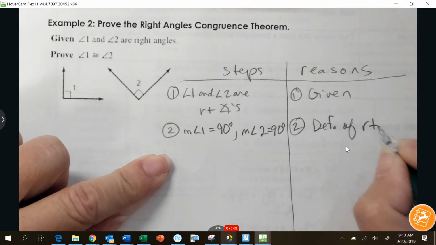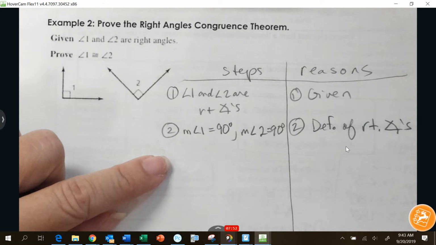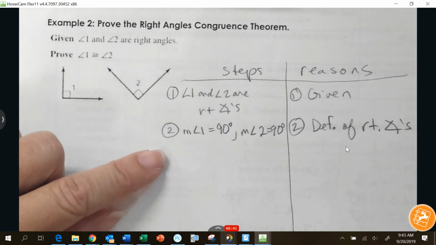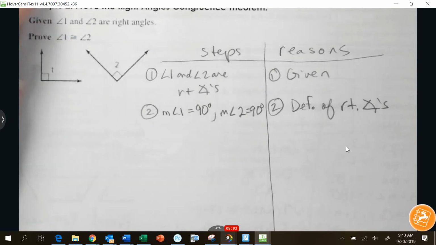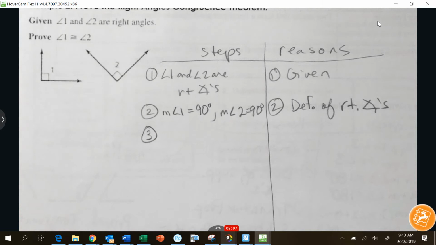Definition of right angles. That's what told us whenever you learned, I don't even know when you guys learned it, 3rd grade maybe, what a right angle is. Oh, it's an angle that measures 90 degrees. That's when you learned that maybe. I don't know. 2nd grade? When do you learn that? I know that my son knows it, but I don't know if my daughter knows it, so I'm thinking 2nd grade, 3rd grade.